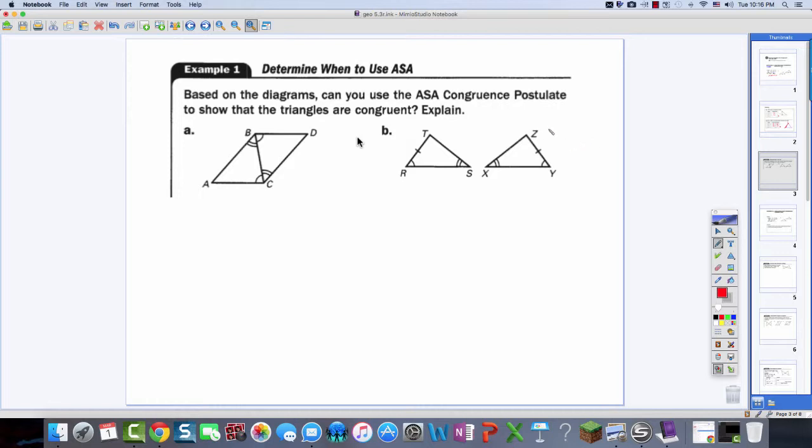So let's determine when to use ASA. Based on this diagram, can you use the ASA congruence postulate to show the triangles are congruent? And explain. First of all, I have triangle ABC, and another triangle, for now I'm going to write BCD. Notice that my angle ACB is congruent to angle CBD.